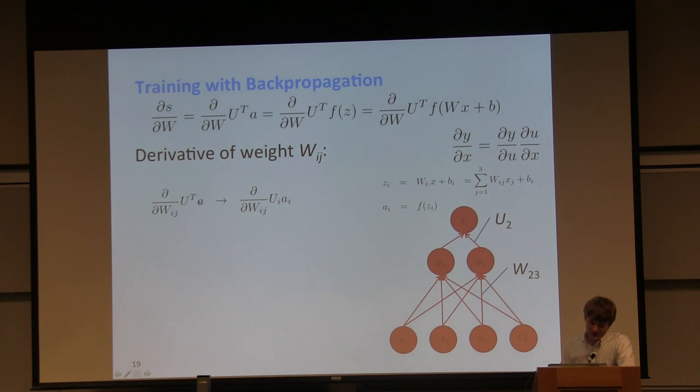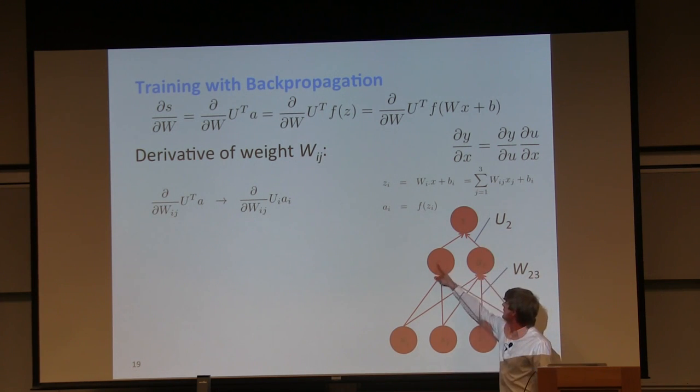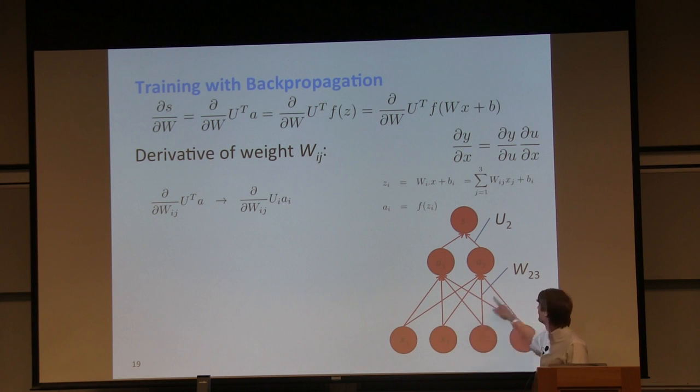So the derivative with respect to Wij of u transpose A. Well, in u transpose A, we really don't care about u1 and a1, because we know that W23 doesn't even appear in any of these parts, right? The parameter W23 only appears when we look at A2. So in the general case of Wij, we really only need to look at the ith element of the hidden vector A.